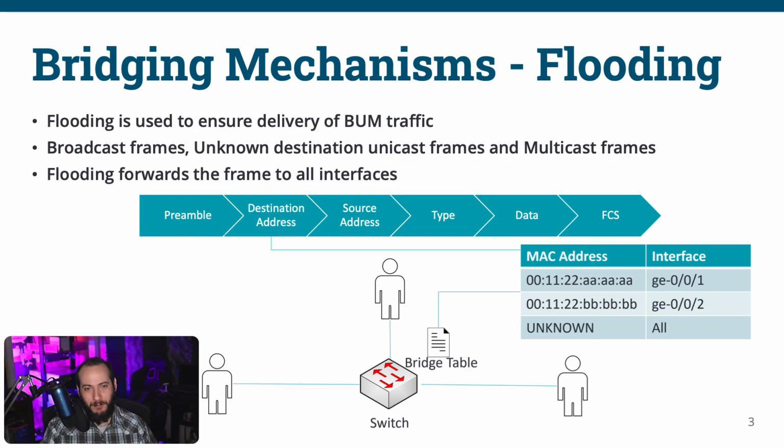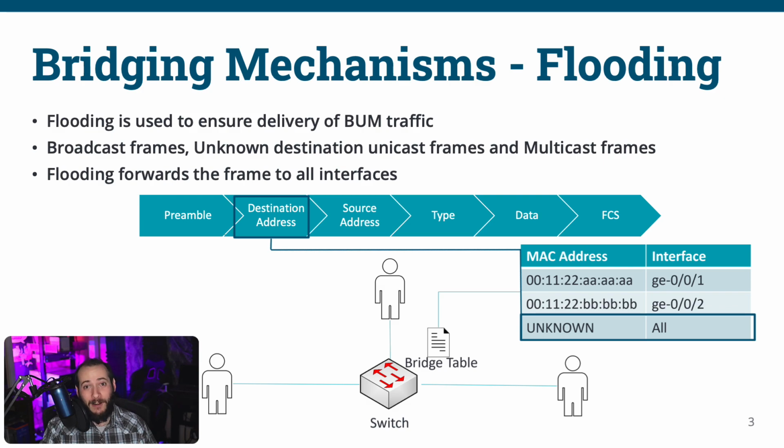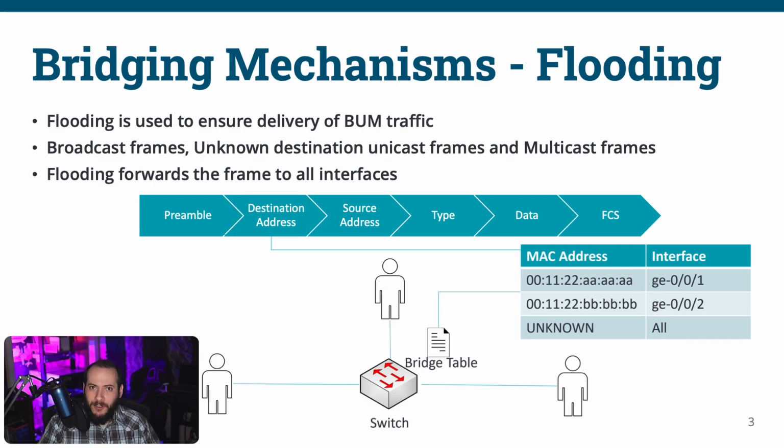Unknown unicast frames, however, are not a special classification of traffic. They are simply regular unicast frames. These frames, however, have a destination MAC address which does not have an entry in the switch's bridging table. Since the switch is not aware of which specific port to forward the frames out of to reach the destination, these frames are treated like broadcasts and flooded out all ports to ensure the frame reaches its destination.